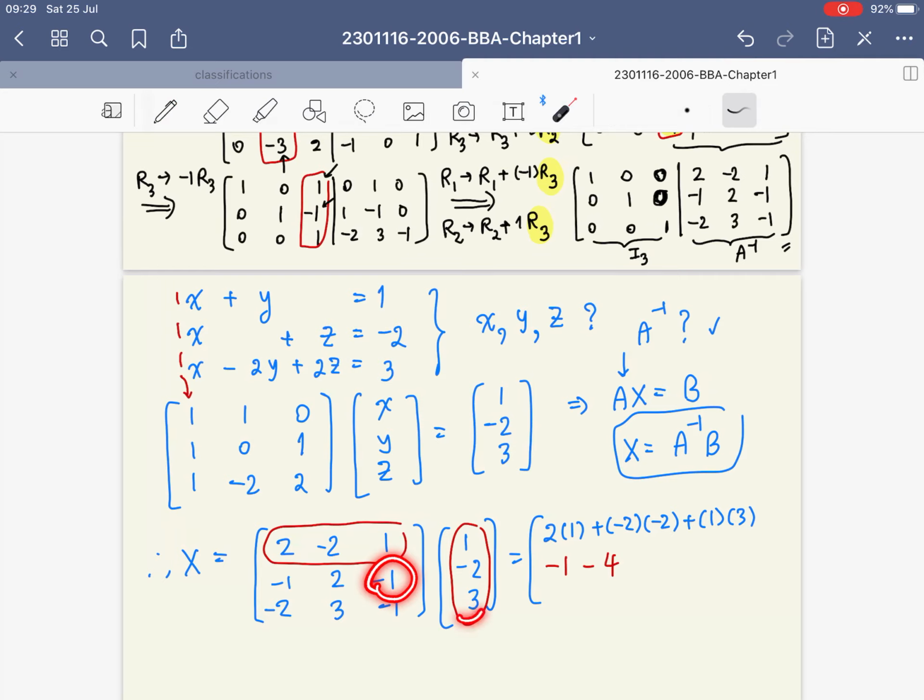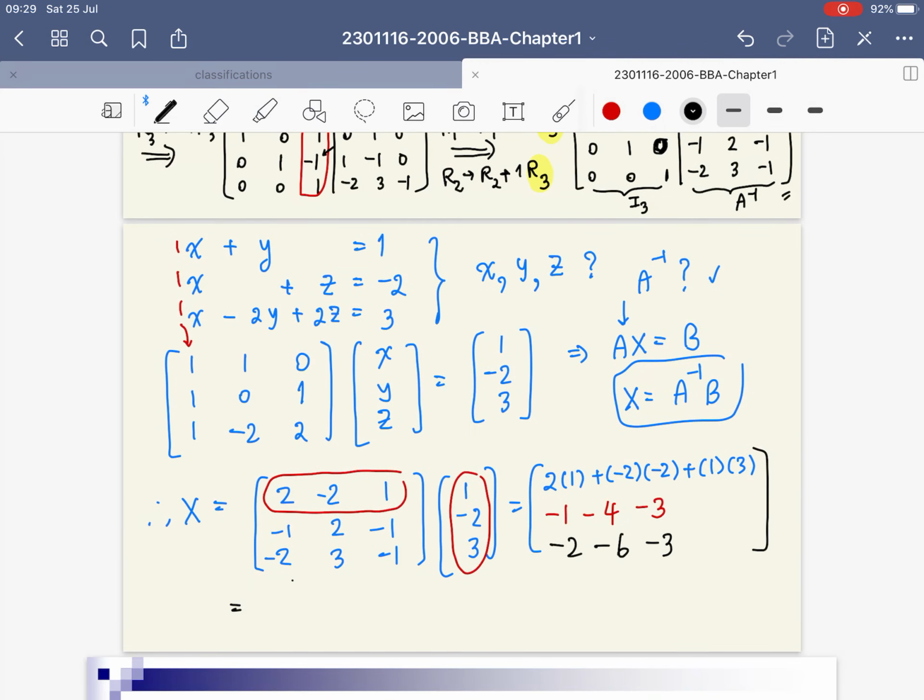And negative 1 and 3, so you have negative 3. And the last one, negative 2 and 1, so you got negative 2. And 3 and negative 2, so you have negative 6. And negative 1 and 3, so you got negative 3. All right.